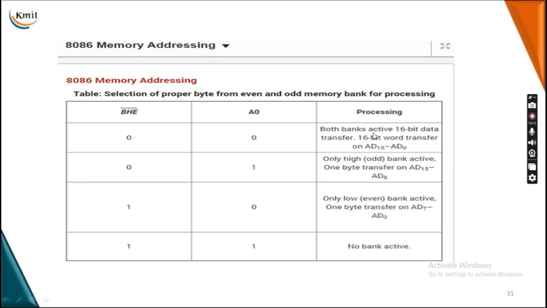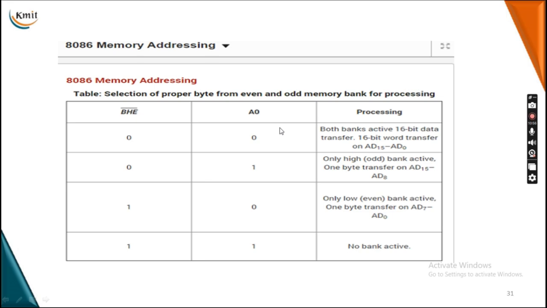If both banks are active, it can transfer 16-bit data, nothing but a word, on the address A0 to A15, D0 to D15. Get your point here? So when A0 and BHE bar are 0, 0, we have both the banks enabled or active, so a 16-bit transfer can be done at one time.